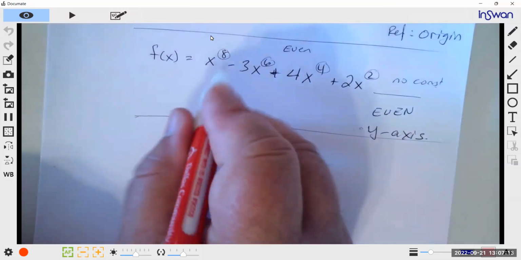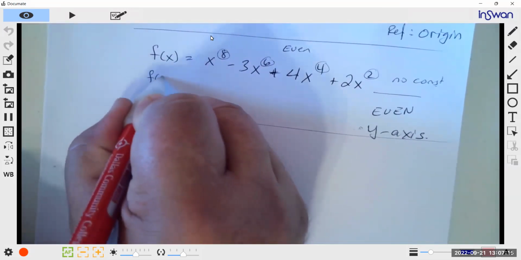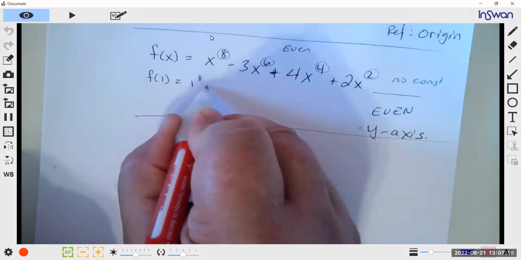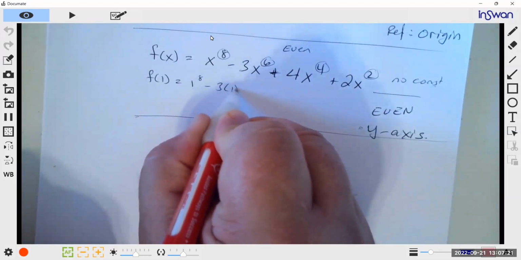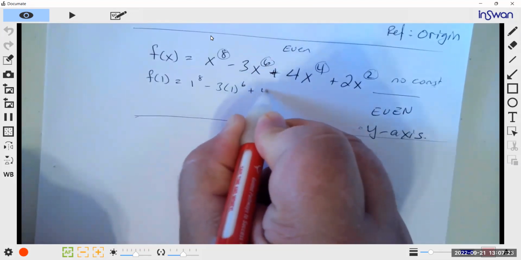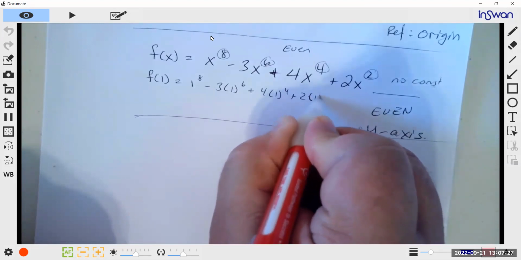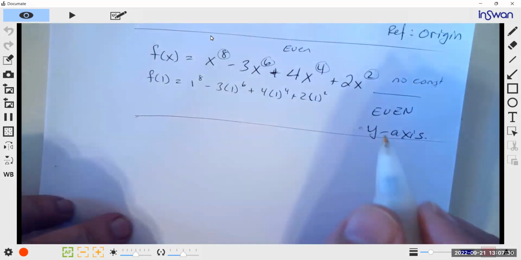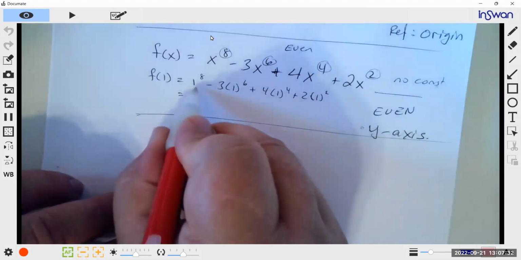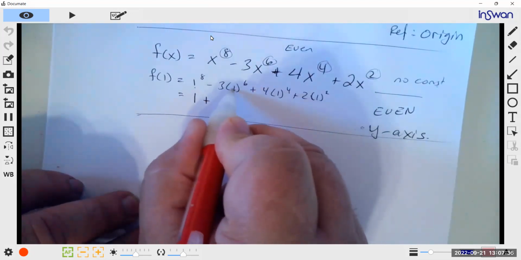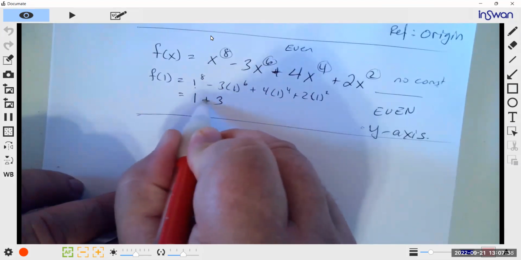We showed it the way we test it. Let's test it with 1. 1 to the power 8 minus 3 times 1 to the power 6 plus 4 times 1 to the 4th, plus 2 times 1 to the 2nd. 1 to the power 8 is 1. 1 to the power 6 is 1, times 3 is 3, so it's a minus 3.